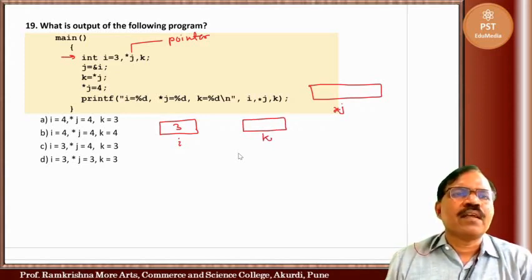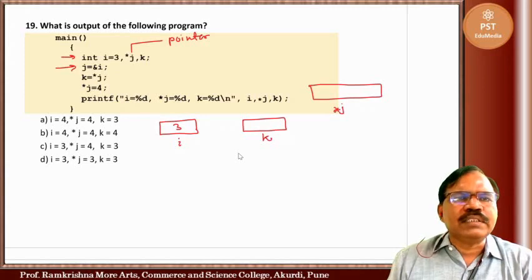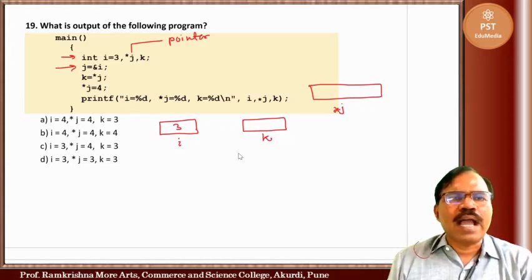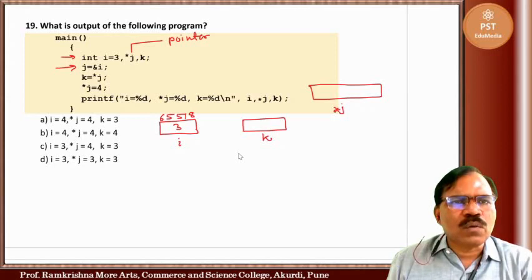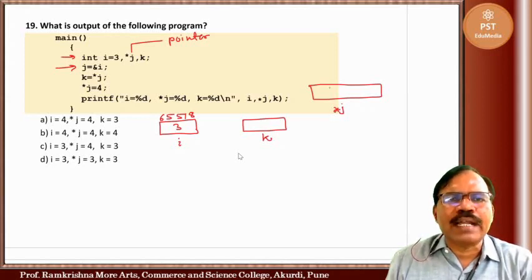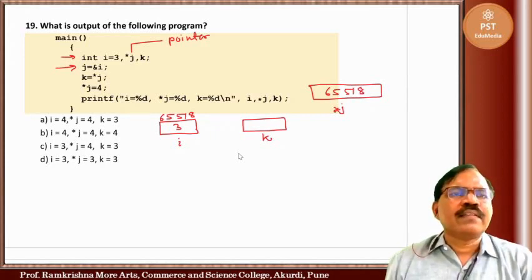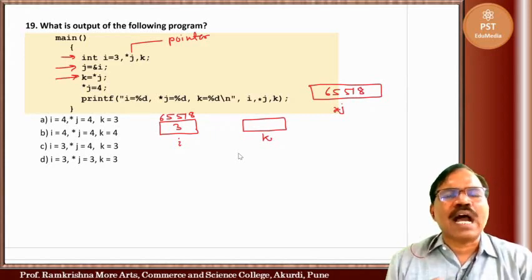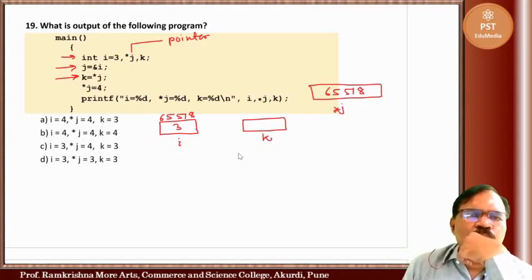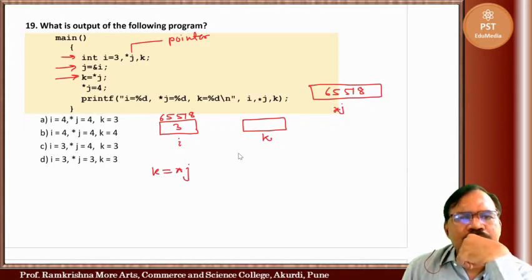Now when it comes here, j is equal to &i. Suppose the address of i is 65518 in the memory. So j is equal to &i means it will store the address of i. Then k is equal to *j. Now what happens?